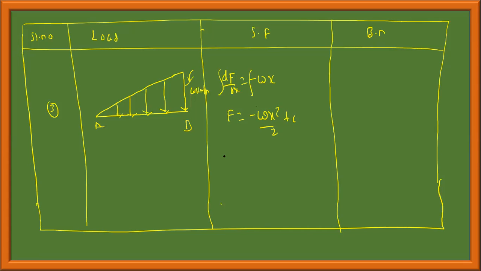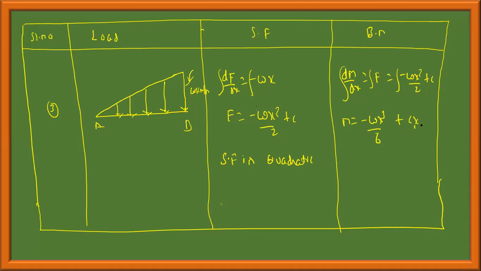Therefore, when the load is linear, shear force is one degree higher, quadratic. We need the shape of the curve, not to plot the bending moment diagram. We need to know whether it is linear, quadratic, or constant. And dM/dx is equal to F, which is minus wx squared by 2 plus c, so M is equal to minus wx cubed by 6 plus c1x plus c2.